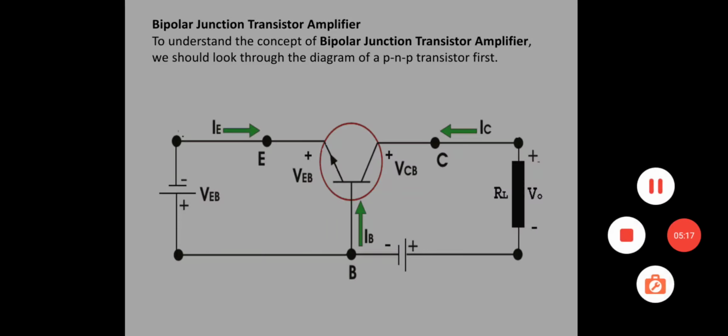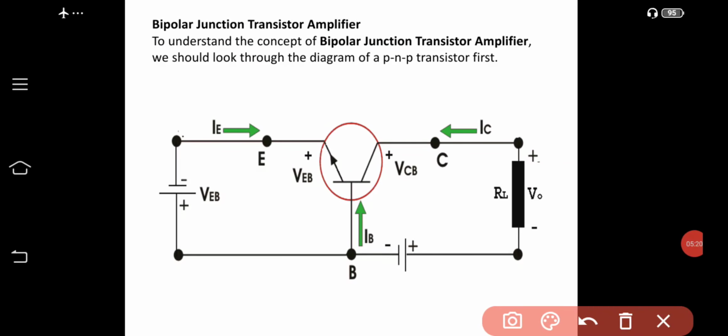So the emitter is N type, so the battery is connected with its negative terminal. Base is P, so the battery is connected with its positive terminal. So it is negative to negative, positive to positive. It is called forward bias.